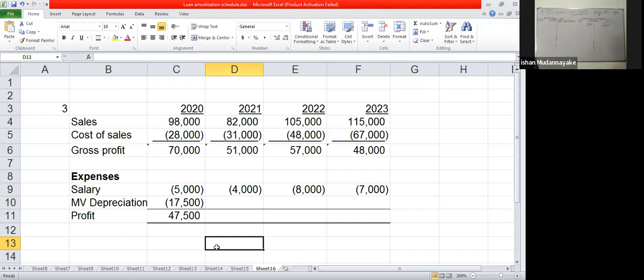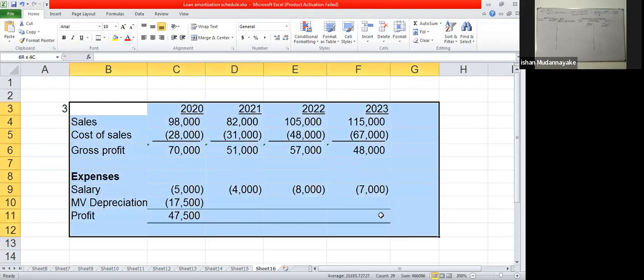Okay, they're done. Is it finished? Okay, they're done.